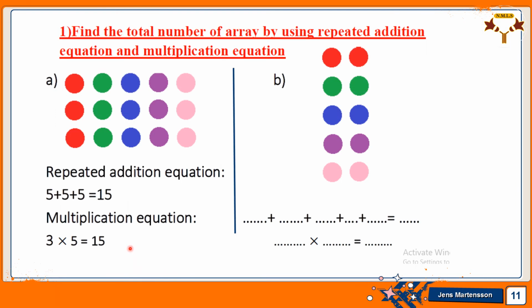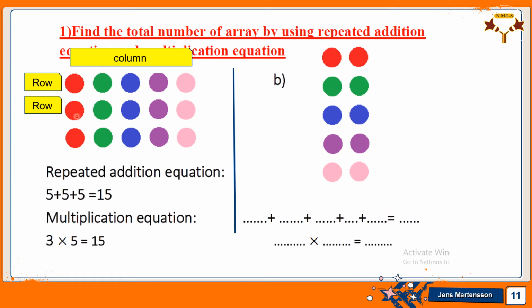Let's do some exercises. Find the total number of the array by using a repeated addition equation and a multiplication equation. Here in number A, we said before, we have here columns. Yes, this is 10 lines. And how many rows here? This is a row. Yes, this is called a row, and this is also called a row, and this is a row.